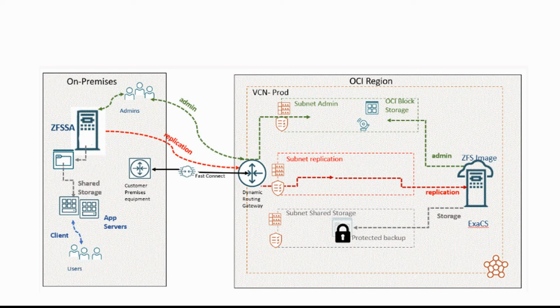It replicates the change blocks, if you understand the way ZFS works. And in this example, I have an on-premise ZFS. I set up replication. It is replicating to a ZFS image in OCI that's a highly available image. And that is bringing a copy of the data from on-premise to OCI.